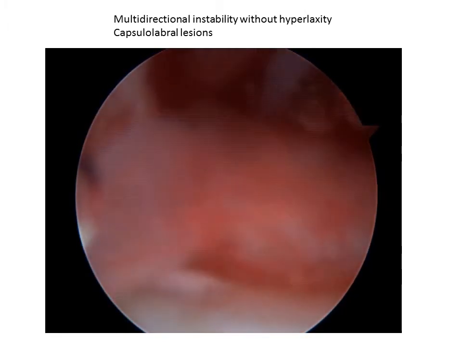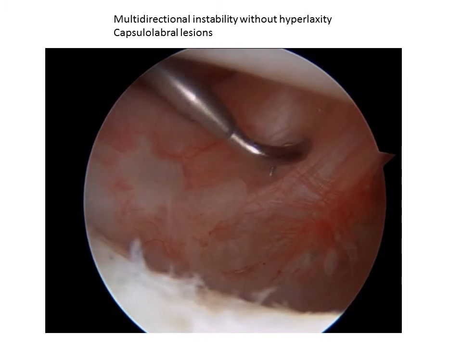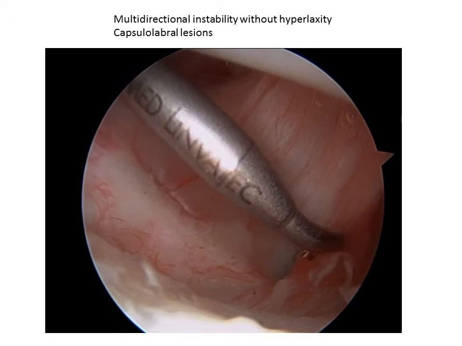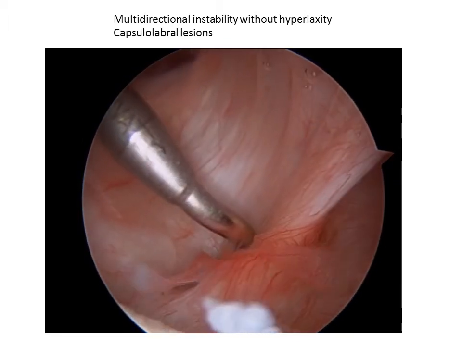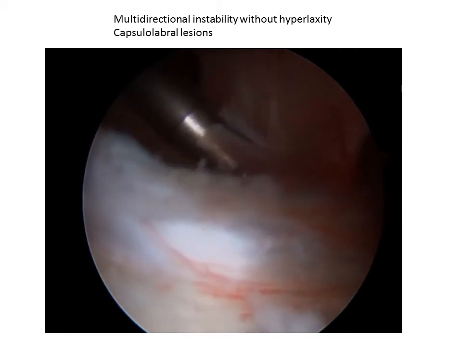Moving the shoulder joint demonstrates marked multidirectional instability without obvious dislocations. The capsule is somewhat loose and voluminous and can seem to be quite inflamed. When we start to repair the capsule and ligaments, we can see how lax the capsule of the shoulder joint is from multiple episodes of subluxation.